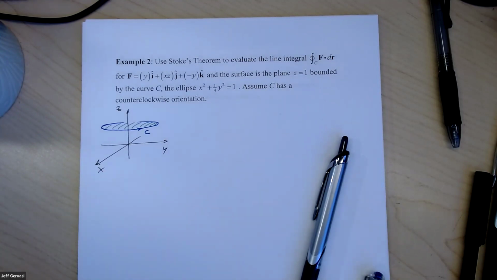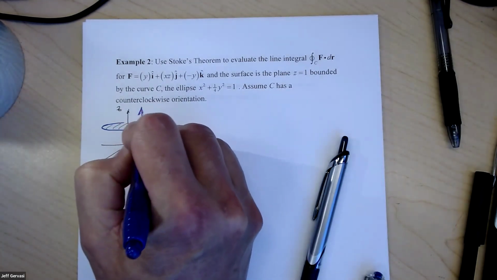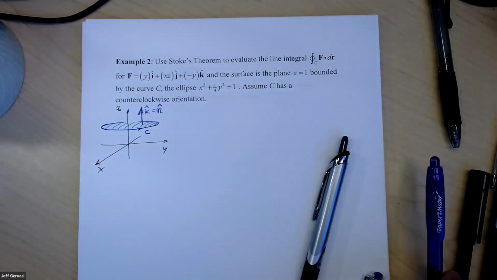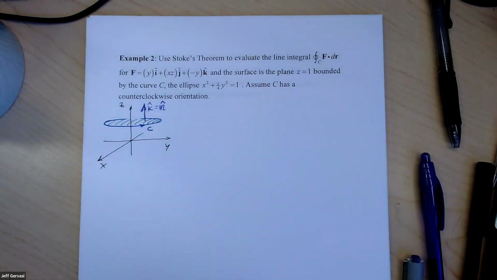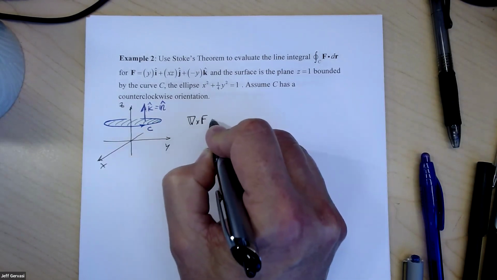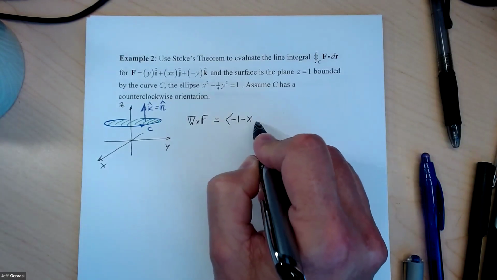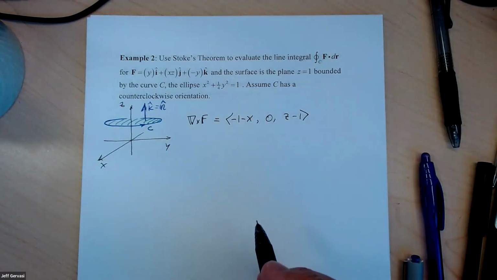All right, so once again, for my unit normal vector, I'm going to take n to equal the vector k. So it's easy to find a unit normal vector for this one, just like it was for the previous one. Now, the curl of the vector field, again, I'm going to leave it to you to verify, is this.